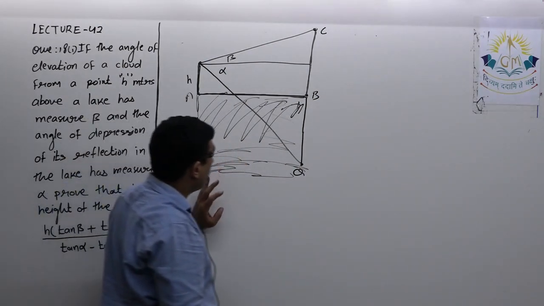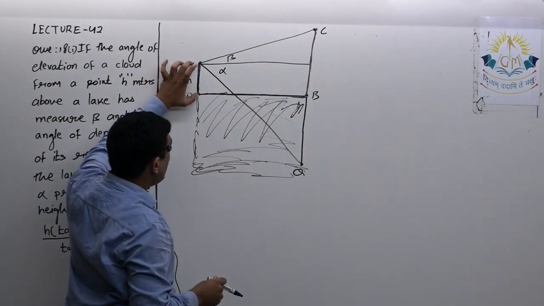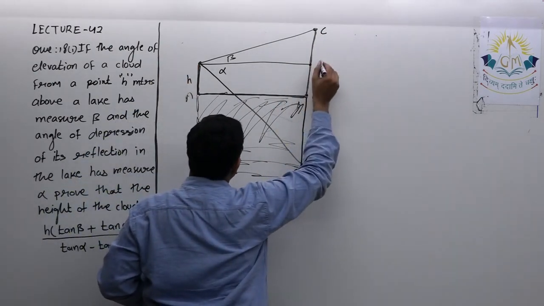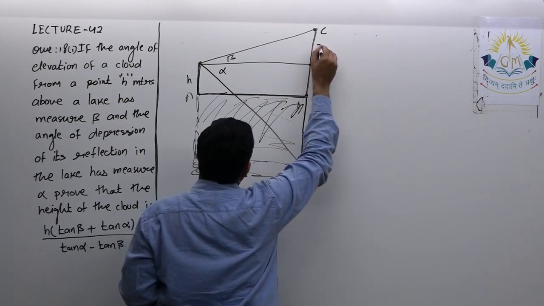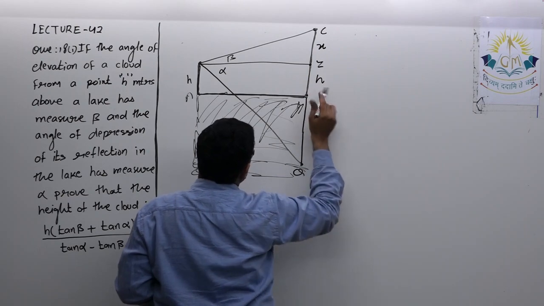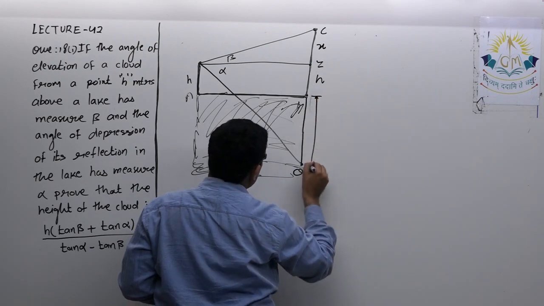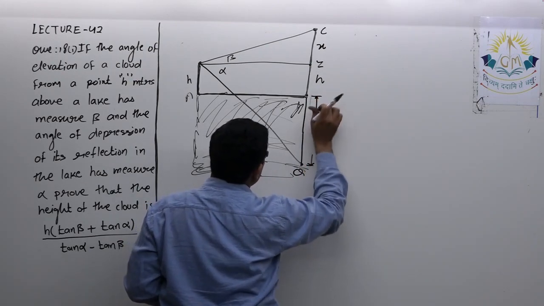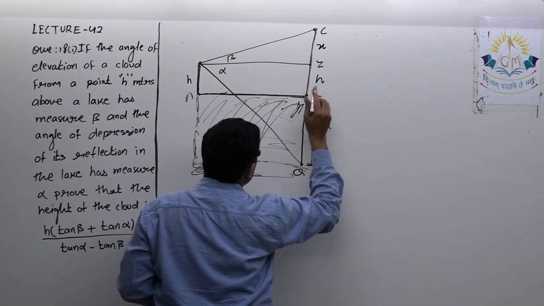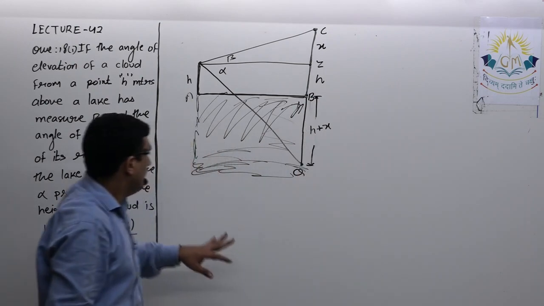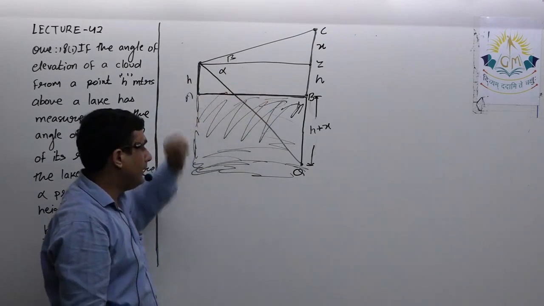If this point is Z, this will again be h, and if I assume this distance to be x, then the distance from this point to this is b plus h plus x. So I explained you the question, try to understand, read the question again, look at the diagram, and then we'll proceed.